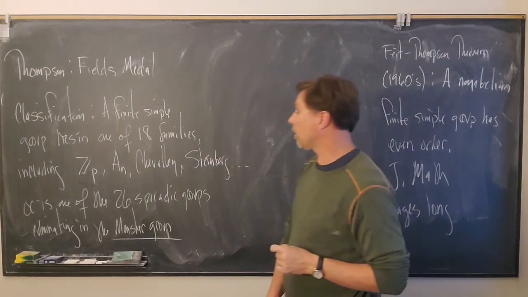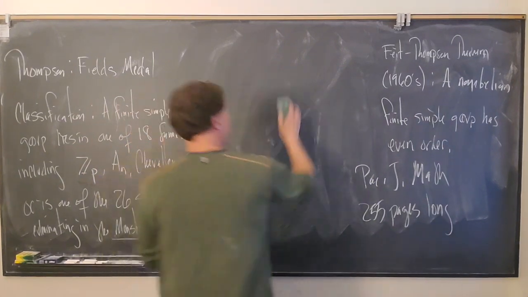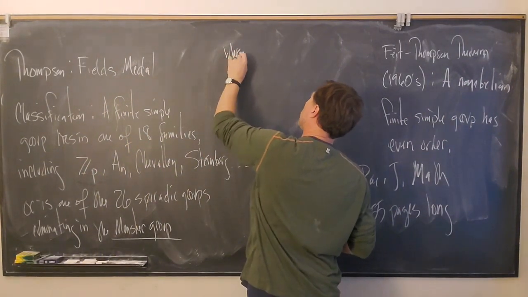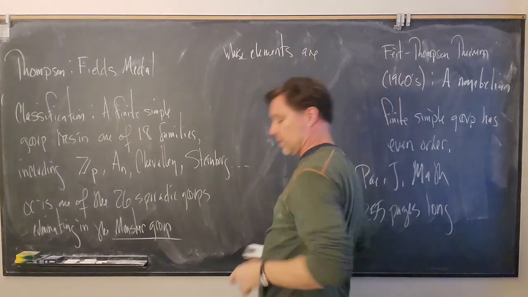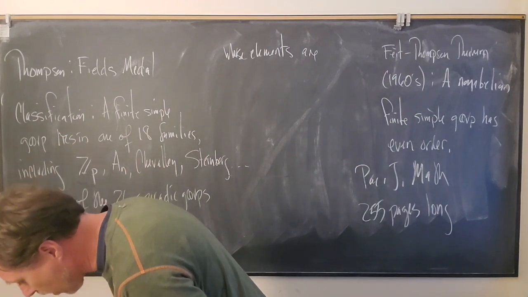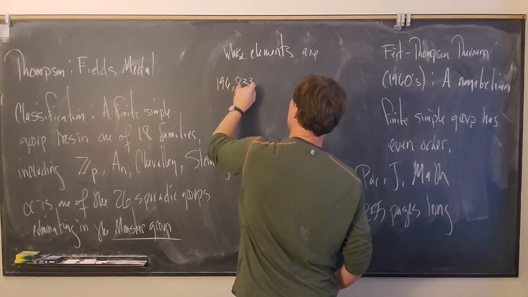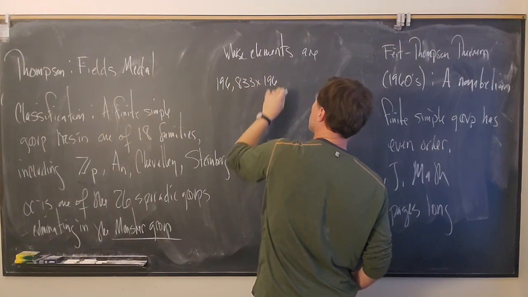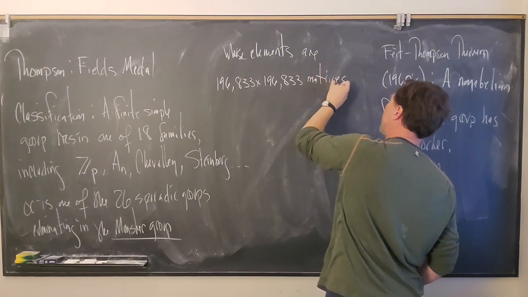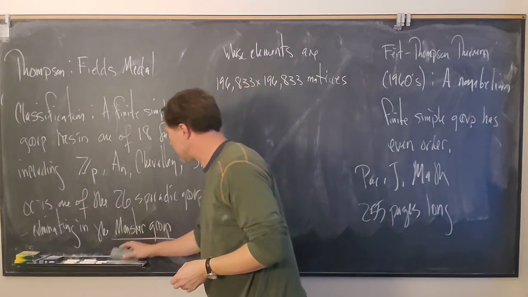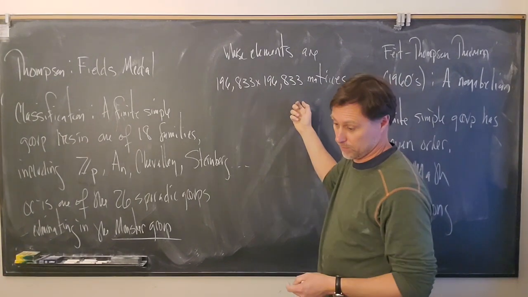So there's this group out there called the monster group, whose elements are 196833 by 196833 matrices. So this is a group consisting of matrices with 196833 rows and columns.